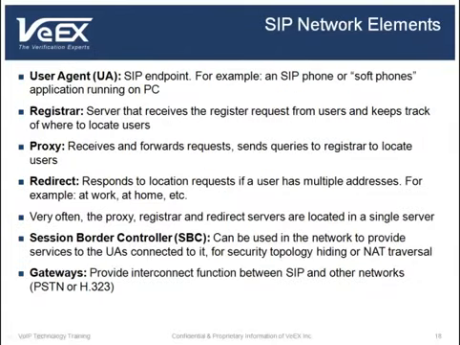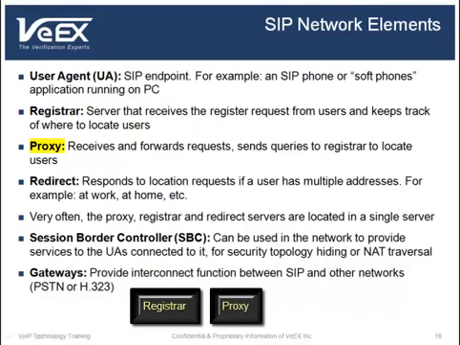Here is a list of the most common SIP network elements. First, the SIP endpoints, also commonly called the user agent or UA, can be a SIP phone or a softphone application running on a PC. The registrar is a server that receives the register request sent by the UAs and keeps track of where to locate users.